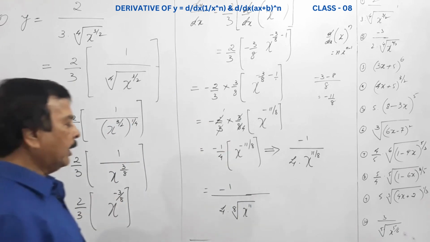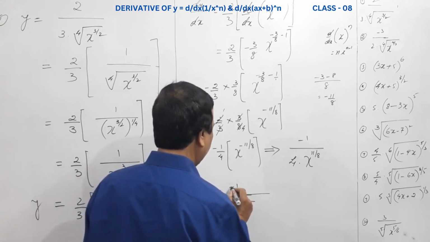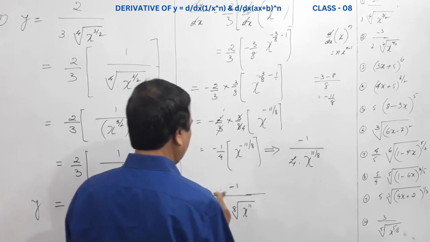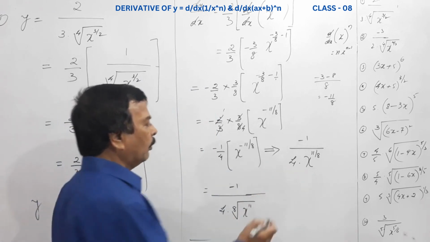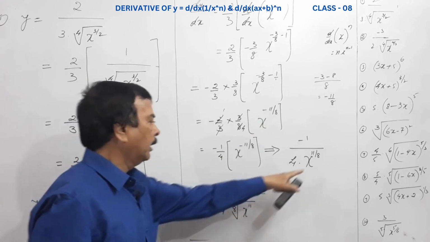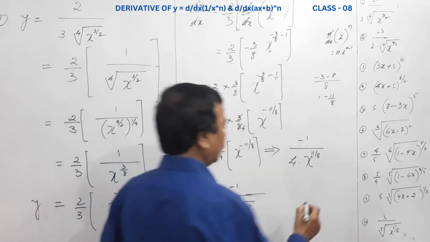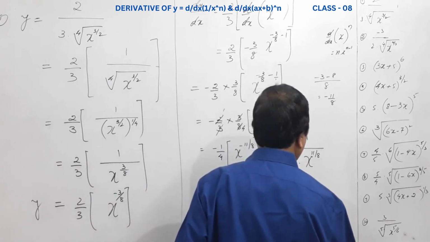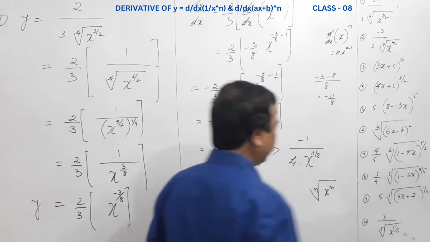Got it? Did you understand? I write this as center, minus 1 by 4. 4 into whatever is the power, that power remains here, and this 8 becomes a root, because I told you, nth root of x to the power of m.